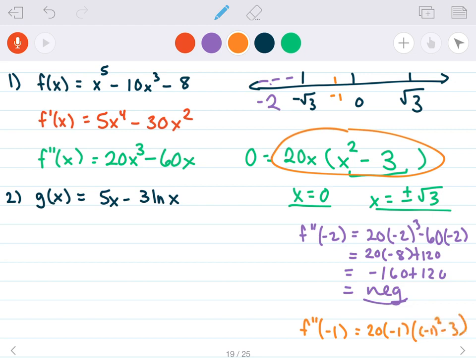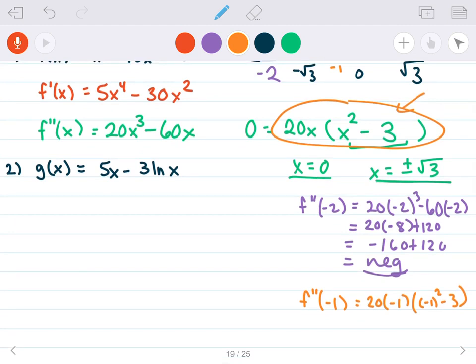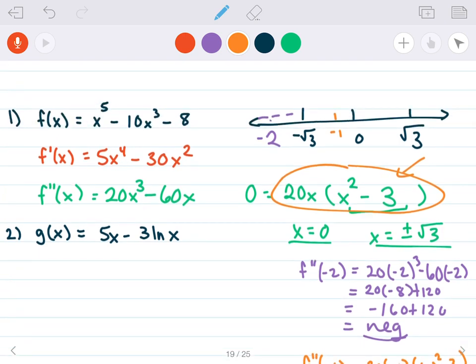I'm just using the factored form to see this a little easier. So I get negative 20 times 1 minus 3, which is negative 2, and a negative times a negative is positive. So it looks like we have found an inflection point. The first one that we found is this. This is an inflection point.